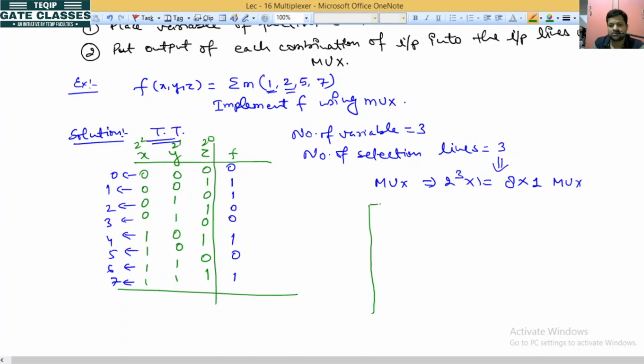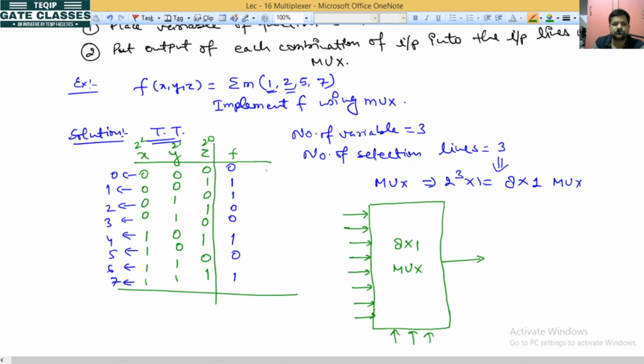So now we have an 8 cross 1 mux. This is our 8 cross 1 mux block diagram. We have 8 inputs and 1 output, and 3 selection lines.